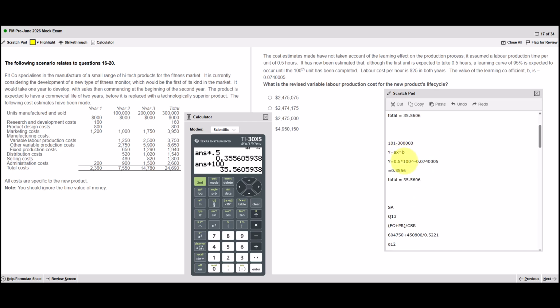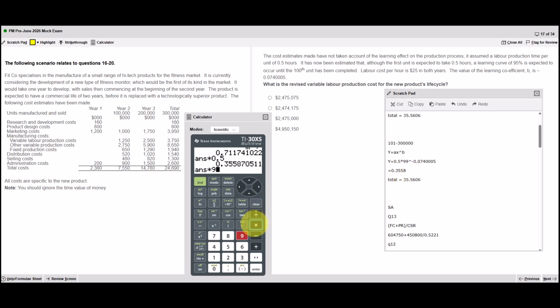So I've just copied and pasted that there, but this time that 100 becomes 99. We're going to have to do the same process. So it's 99 to the power of 0.0740005. Then we find the reciprocal, which is this one, and then we multiply by the 0.5. So this is the average time for the first 99 units.